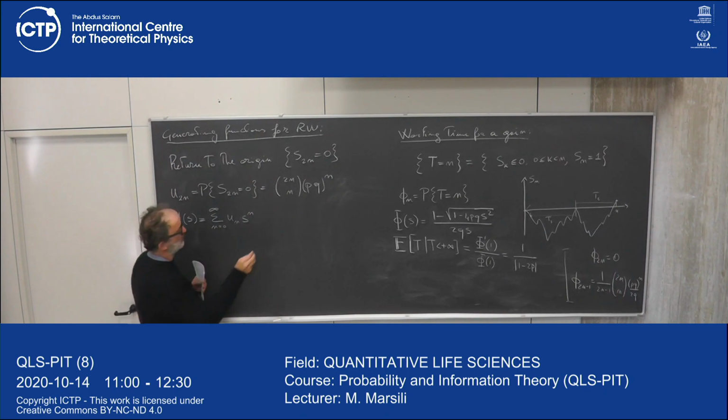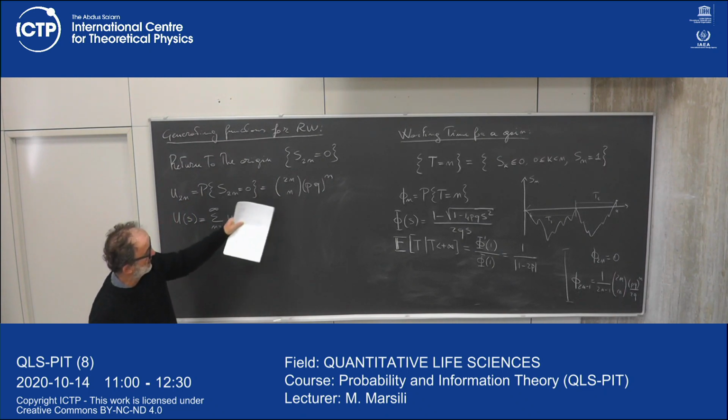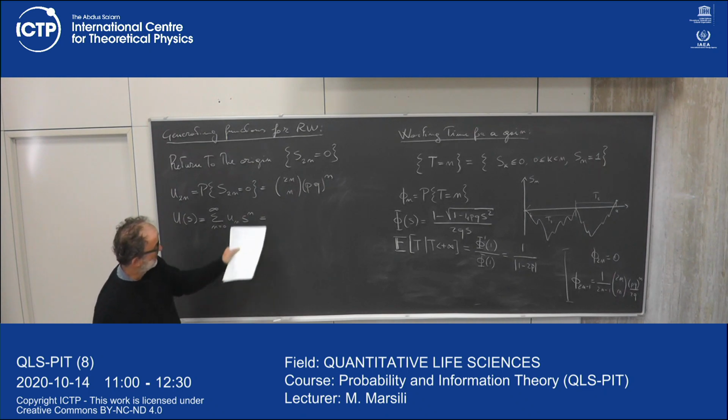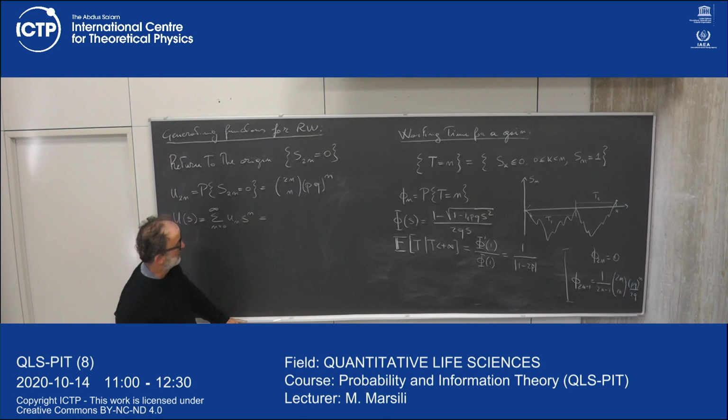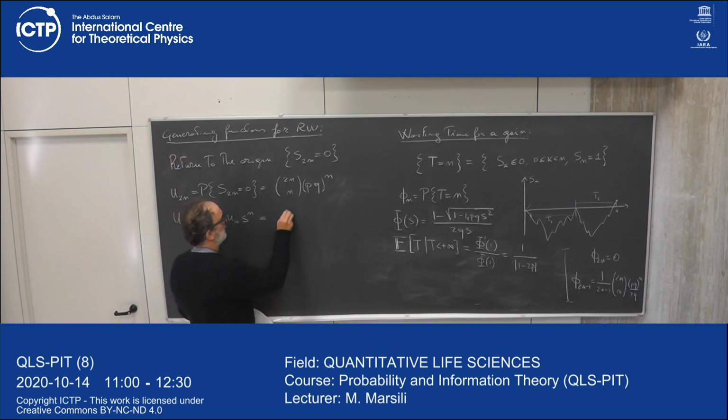And if you do this calculation, using again the manipulation of the binomial coefficients and the binomial theorem, what you find is that this is 1 divided by the square root of 1 minus 4pq times s squared.